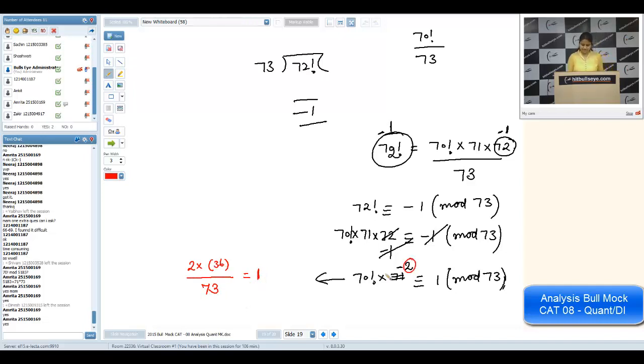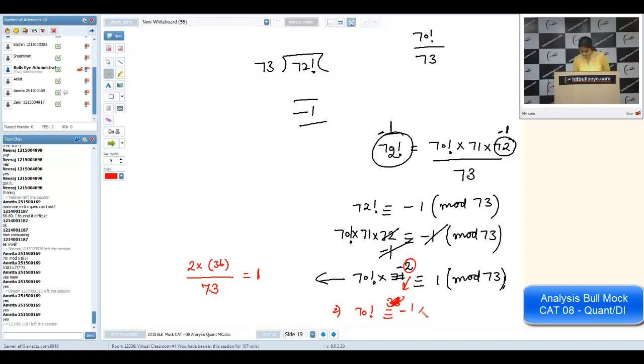So this 2 can be replaced by 36. Are you okay with this? We call it the multiplicative inverse. Are you okay, Amrita, in this case?